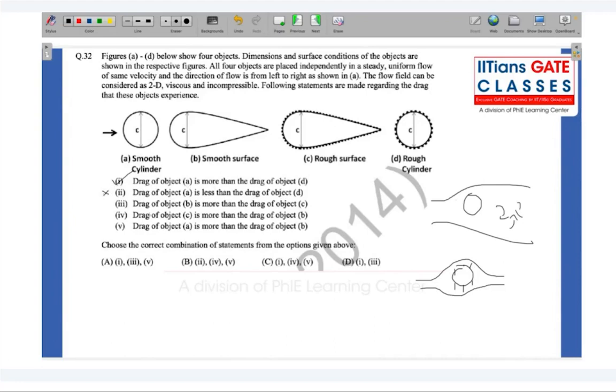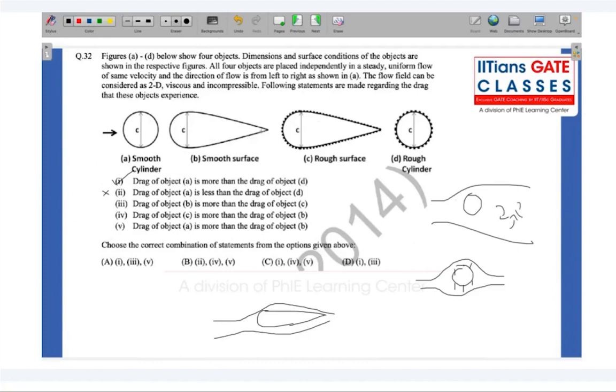Let's see, drag of object B is more than drag of object C. This is not true because you have a smooth airfoil and a rough airfoil. In an airfoil, which is a streamlined body, your pressure drag is quite less because your flow will remain attached for quite some distance. So the major factor contributing to the drag of an airfoil is the skin friction. When you take a smooth airfoil, the skin friction is quite less because the surface is smooth.